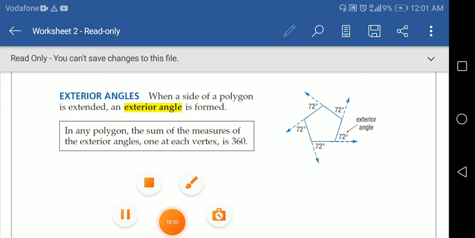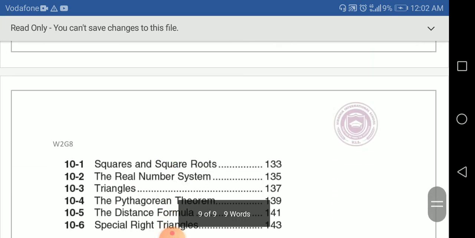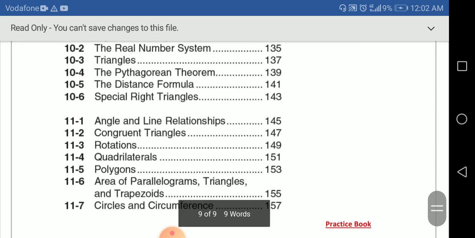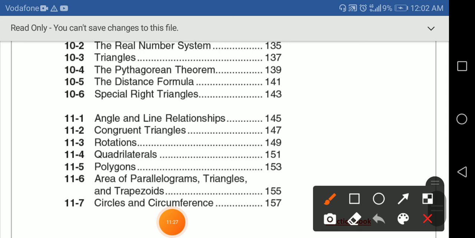Remember also, in any polygon, the sum of the measures of the exterior angles, one at each vertex, is 360. So this will be the sum of the exterior angles, not exterior and interior, but the sum of the exterior is 360.